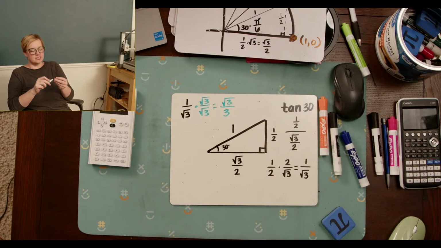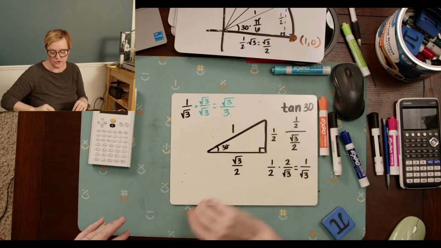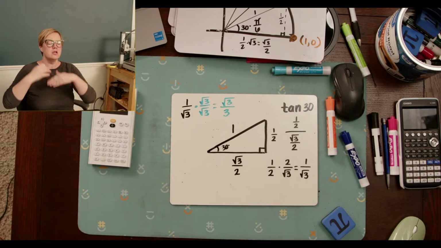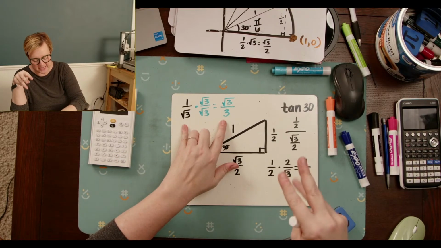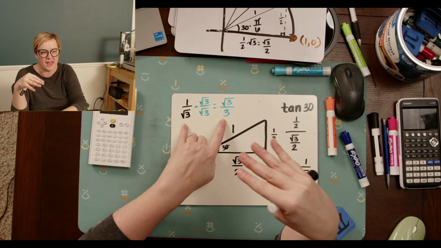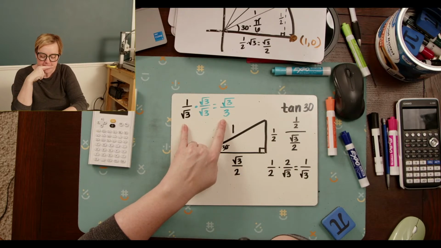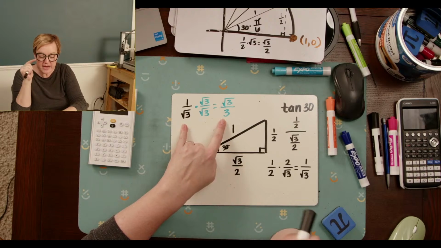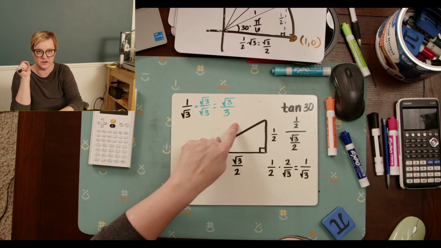Now, this is my favorite little calculator shortcut. If you are simplifying radicals or rationalizing denominators, you can double check to see if it's the same thing by typing both of these into your calculator.